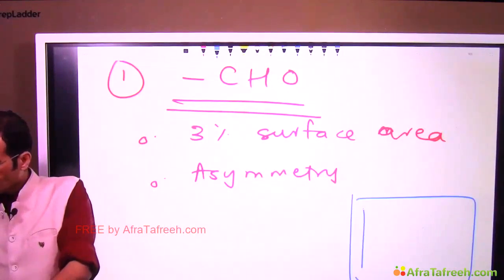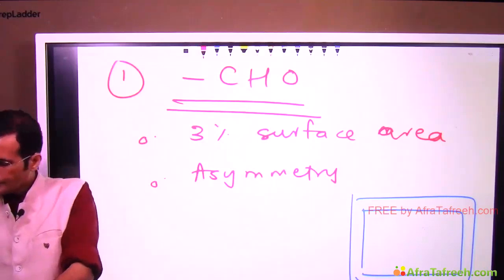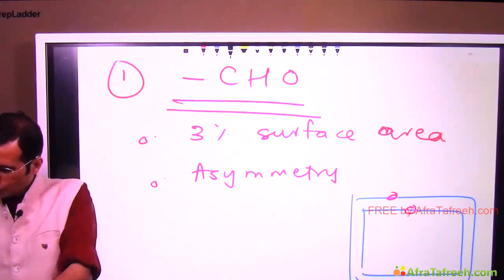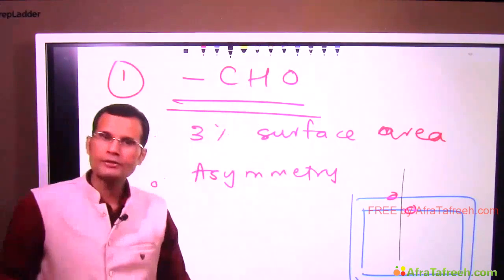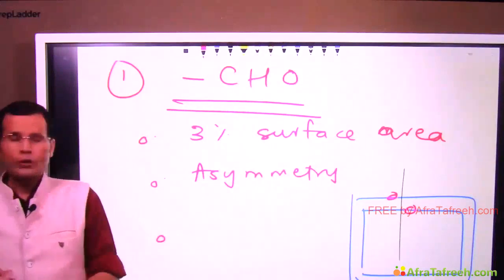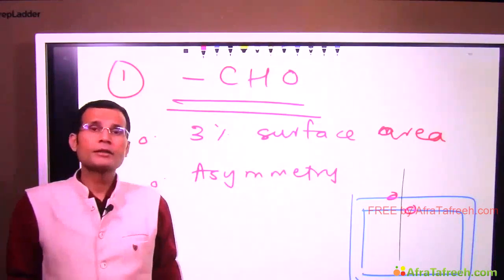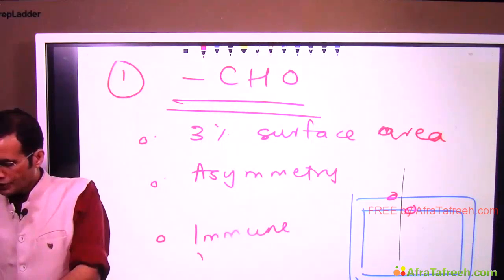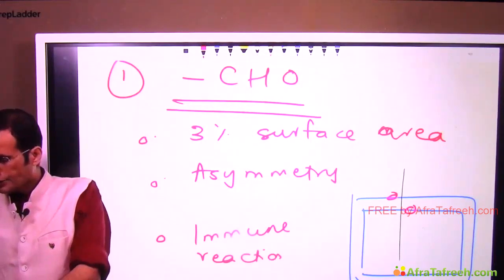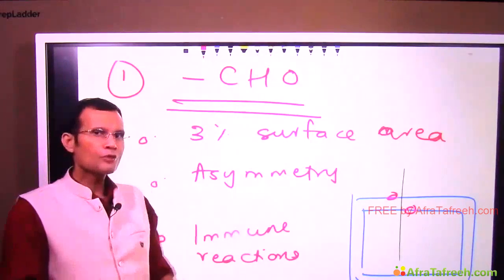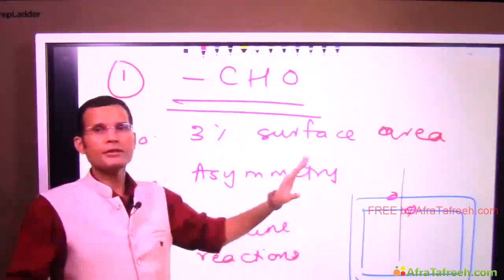So that makes the membrane appear asymmetrical on the cross-sectional appearance, if you take a section like that. Apart from that, some carbohydrates in the membrane are also involved in immune reactions. Immune reactions of some of the cells are because of the carbohydrates present in their membranes.